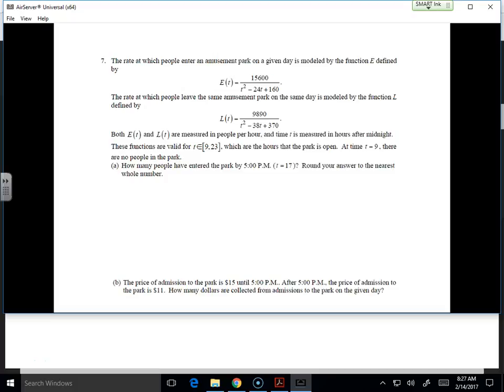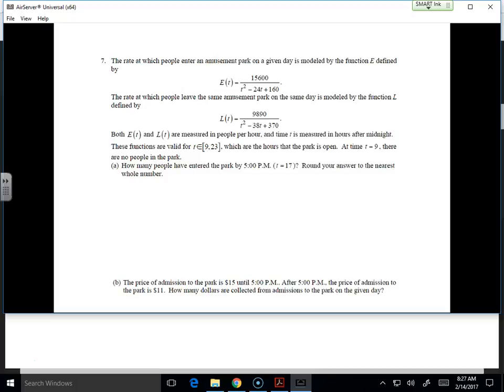You guys get in the scenario, people are coming in and people are coming out. But what did they give us equations for? How many people or how fast? How fast. The rate at which people come in and the rate at which people come out, right?